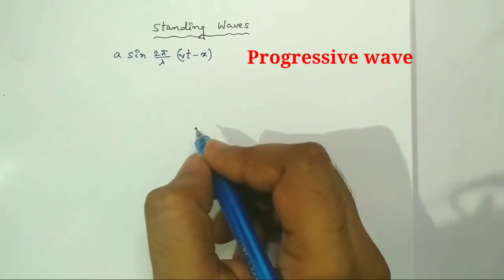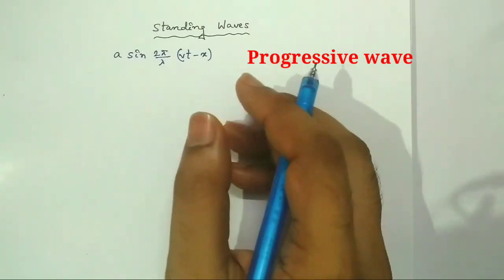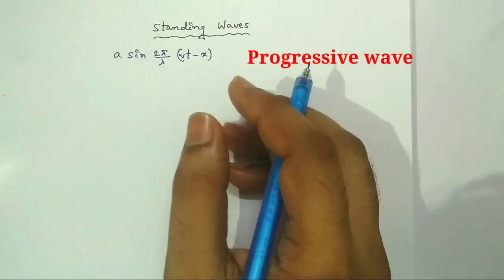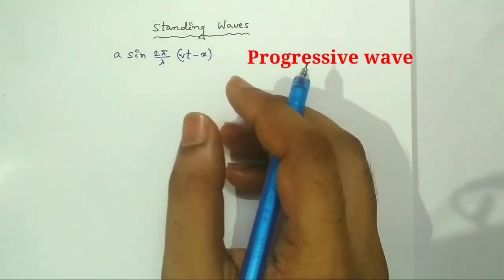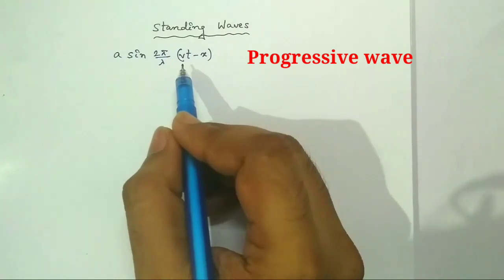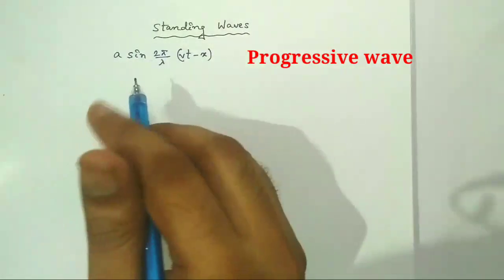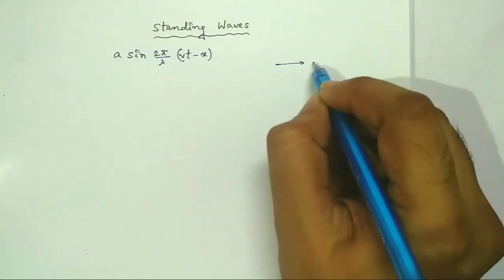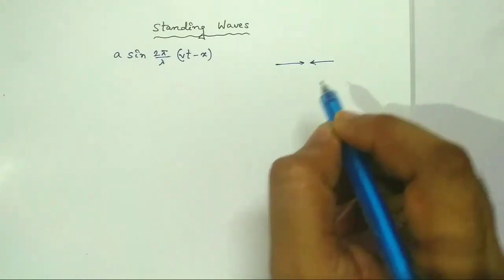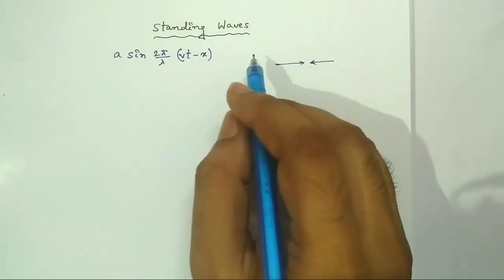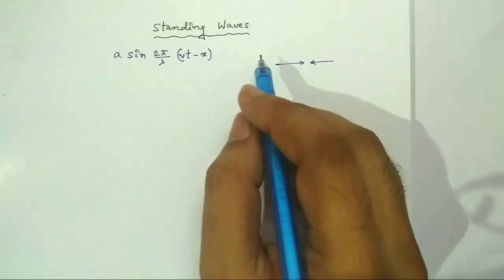Now, when two sets of progressive waves of the same amplitude, time period, frequency and wavelength, traveling with the same speed along the same straight line but in opposite directions, that is, one is coming from the negative x-axis and the other is coming from the positive x-axis, if they superimpose, then standing waves or stationary waves are formed.